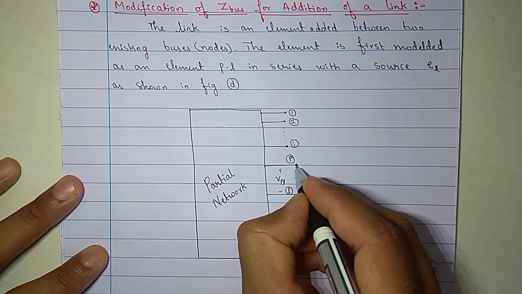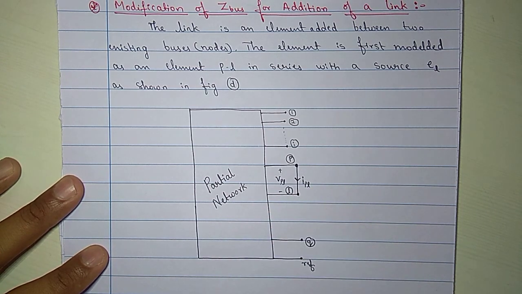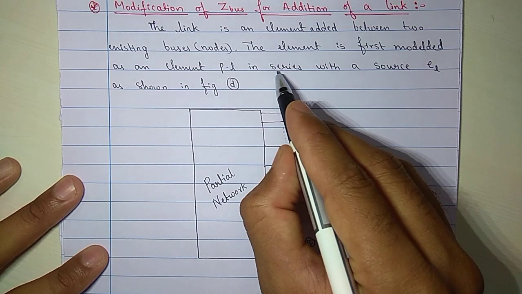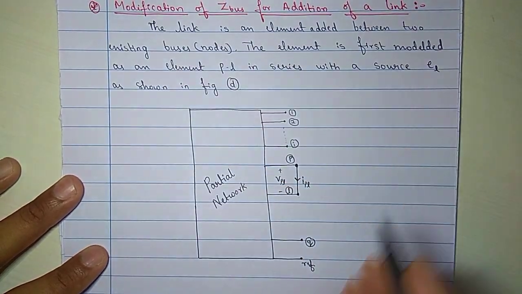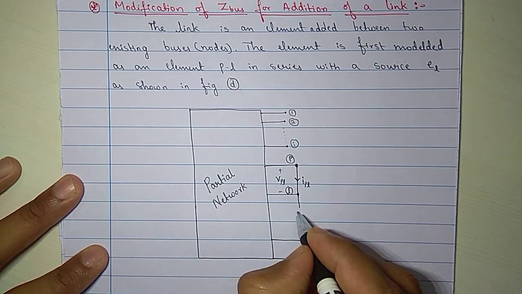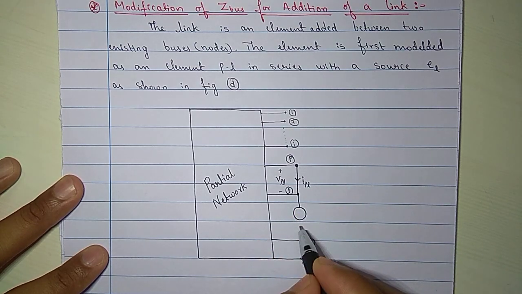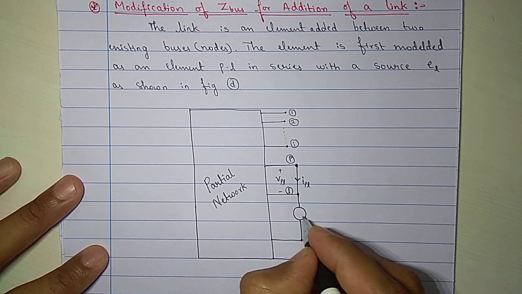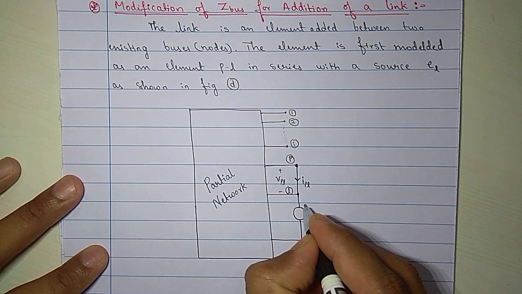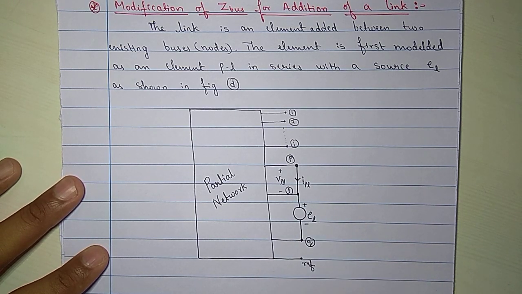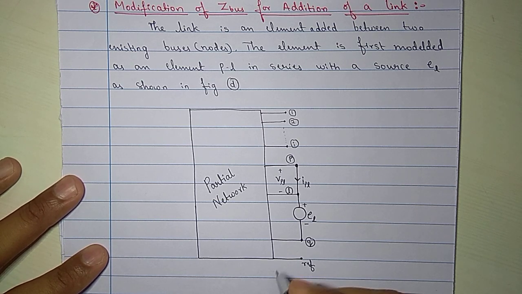This is the voltage across these two particular buses. It is in series with the source EL. They have said that this is in series. So this link is in series with the source, which is called E suffix L. I have added a source. Is that fine?